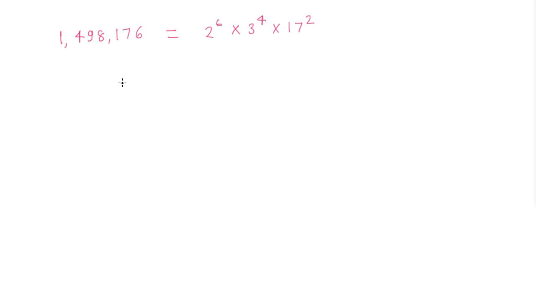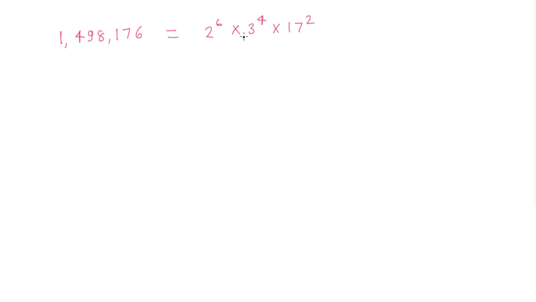Now we will see our target question, that is how to find the total number of factors of 1,498,176. This number can be written in the form of prime factorization as 2 to the 6th power times 3 to the 4th power times 17 to the 2nd power.